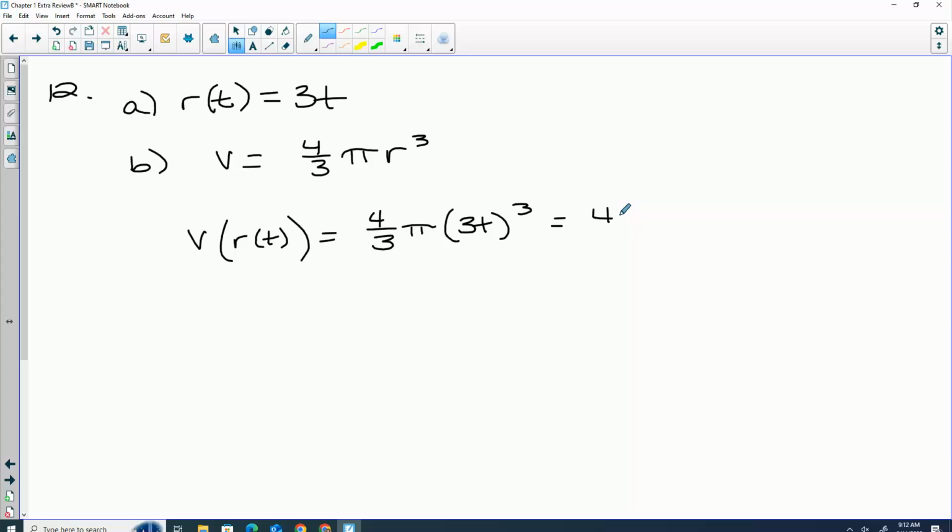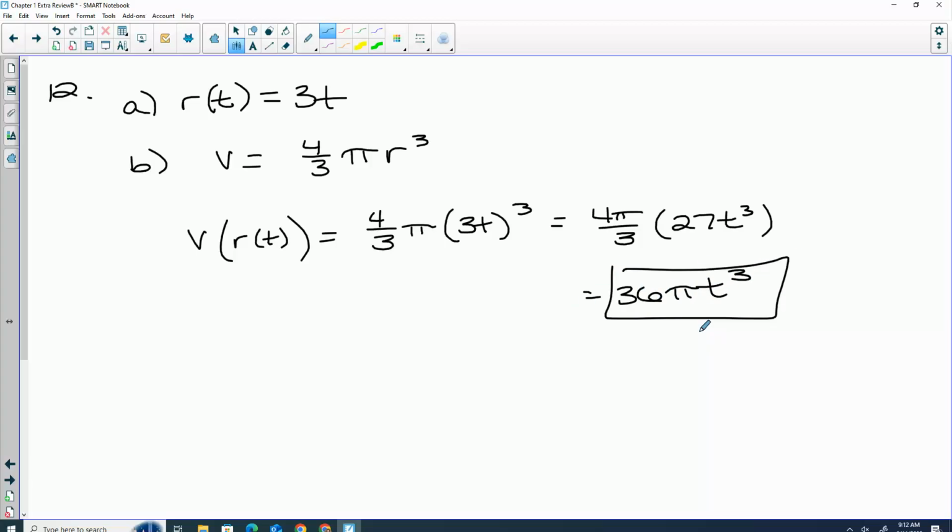Okay, so if I want to simplify this, 3 cubed is 27, t to the third. 27 divided by 3 is 9, times 4 pi would be 36 pi t cubed. Does everyone know how I got that?